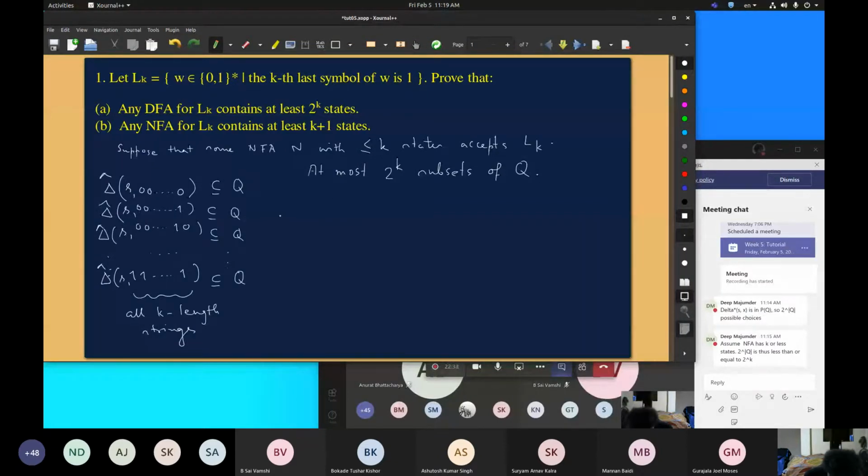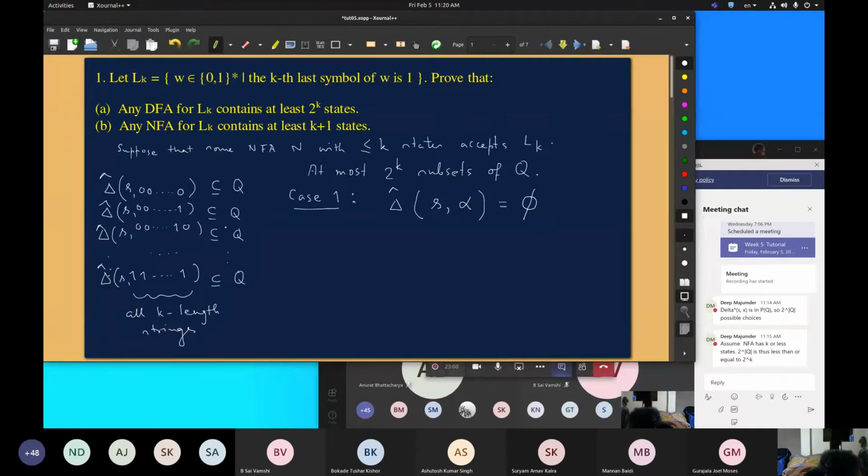In order to do that, I first consider one case. Delta hat on some string alpha of length k is the empty subset of Q. This is possible, right?